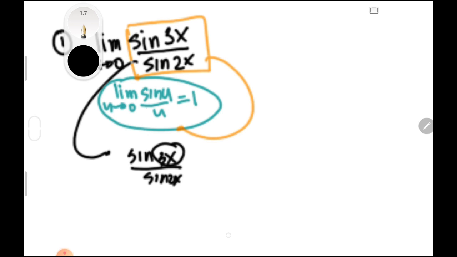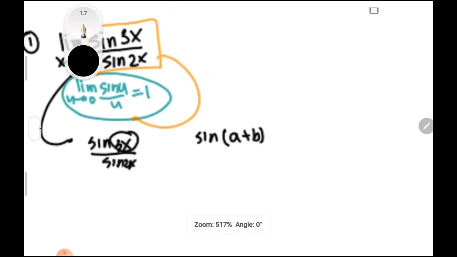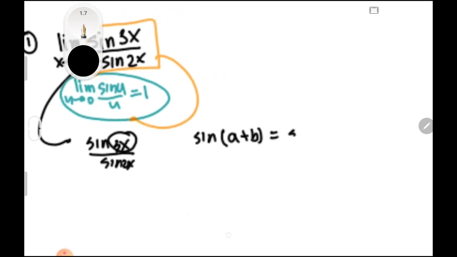But for me, I would first solve this by using the addition identity of my angle, which is sine of A plus B, which is equal to our sine A cosine B plus our cosine A sine B, right?